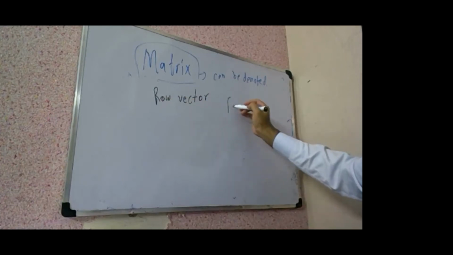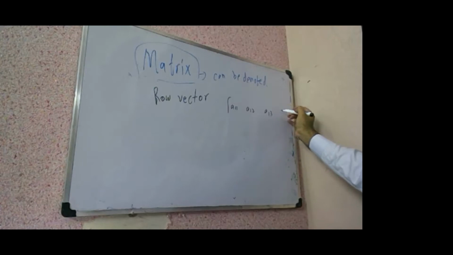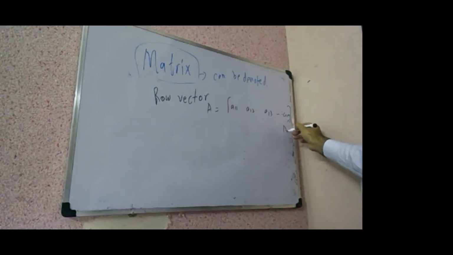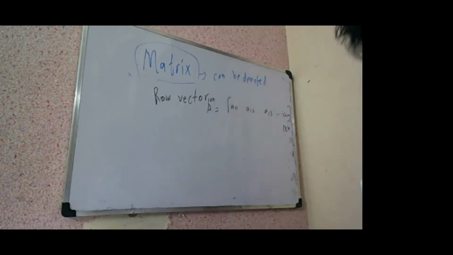So this is A11, A12, A13, so on, A1n. This is one row vector, right? It can be only two, it can be up to n. So what is the dimension of this matrix? One row, n columns. So a row vector is always 1 by n, and n means any number of columns.